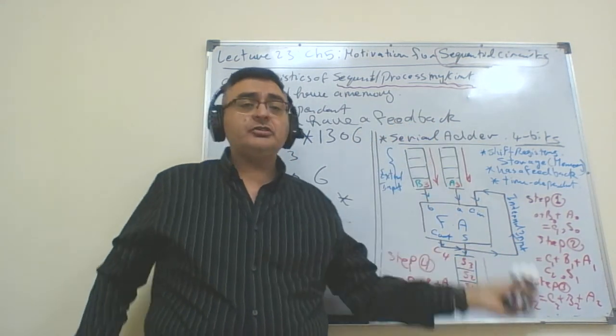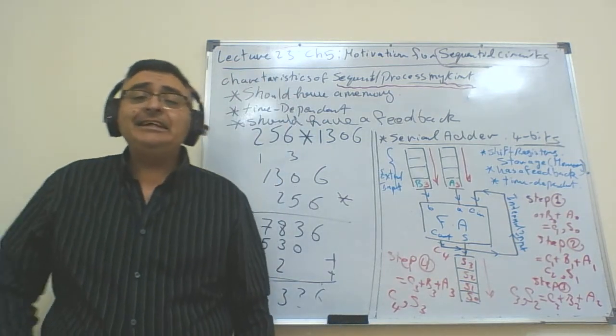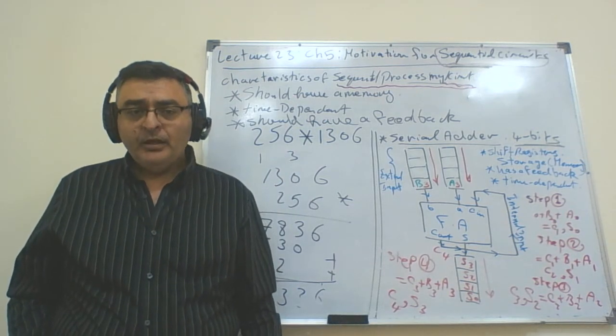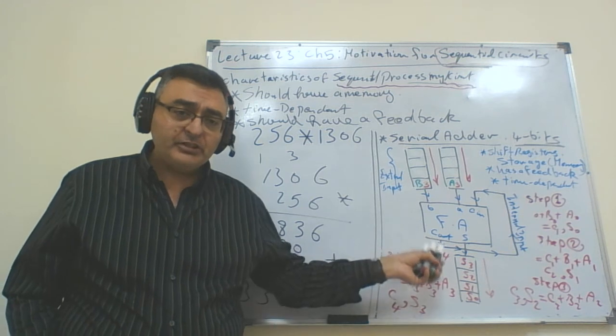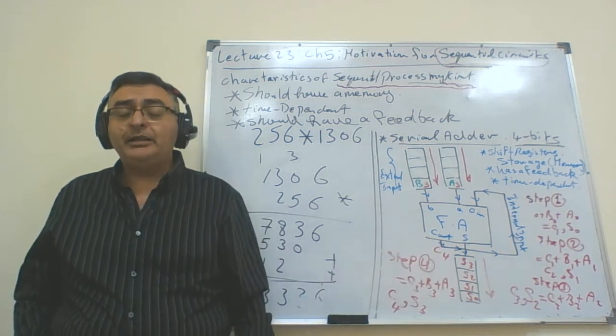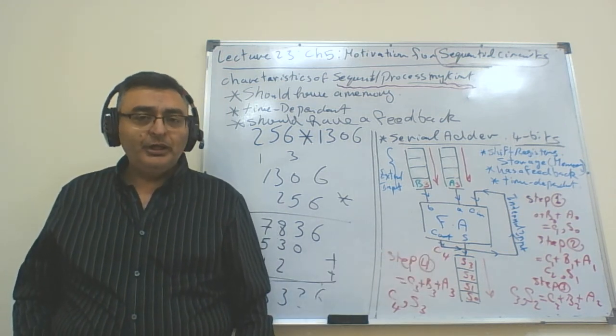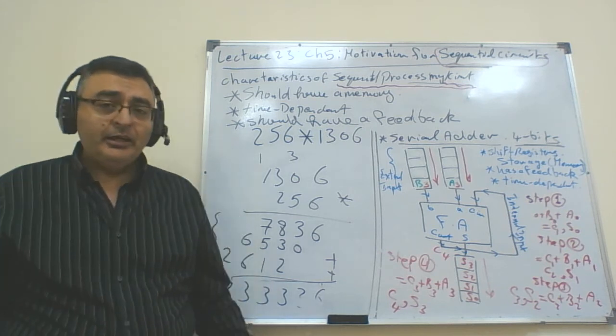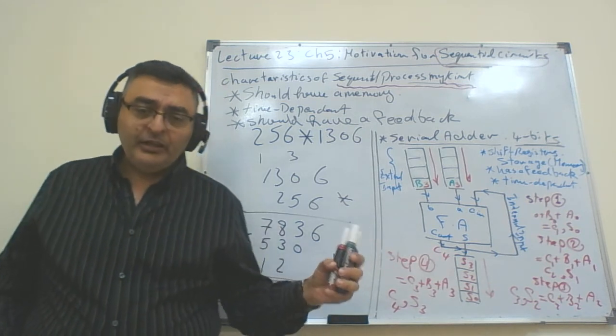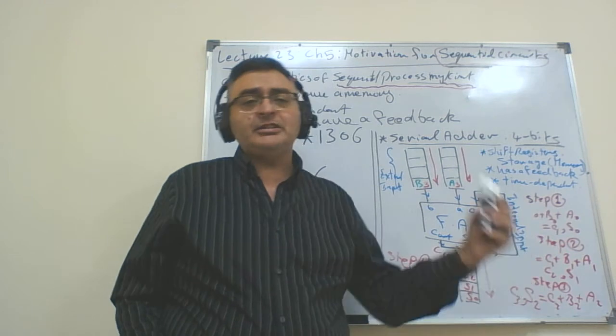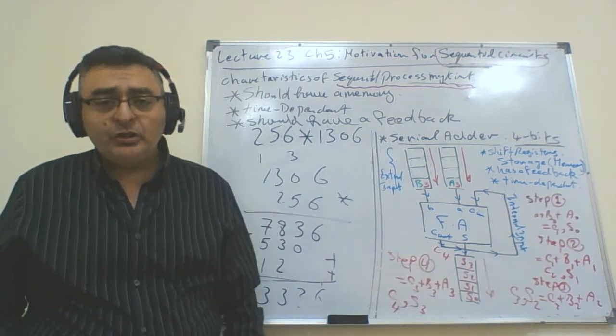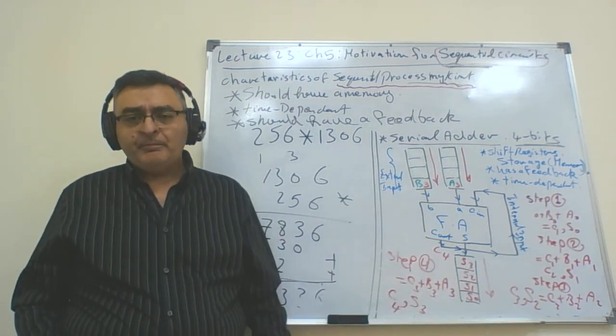So, this is designed for what we call the serial adder. What is the advantage of this over what we already have built in chapter number 4? It is obvious, okay? There is nothing that comes for free. You are paying something to get something else. Here, the circuit is definitely simpler.